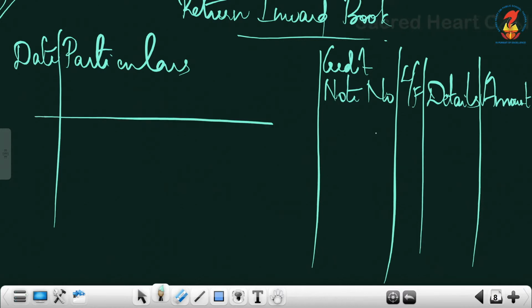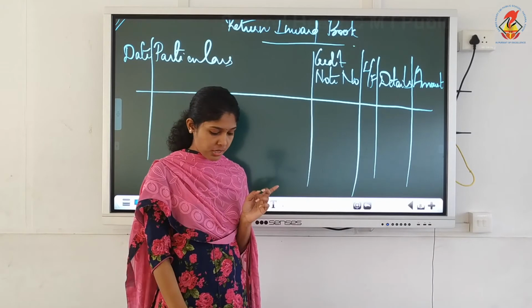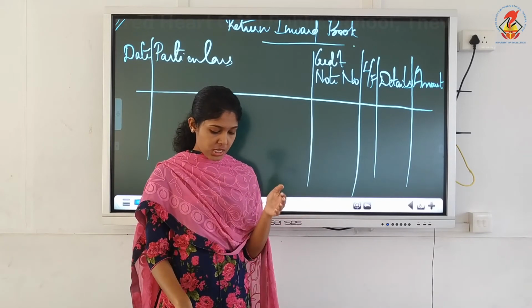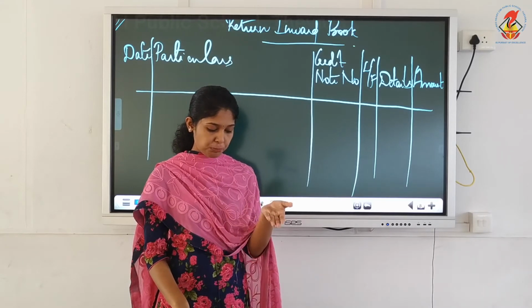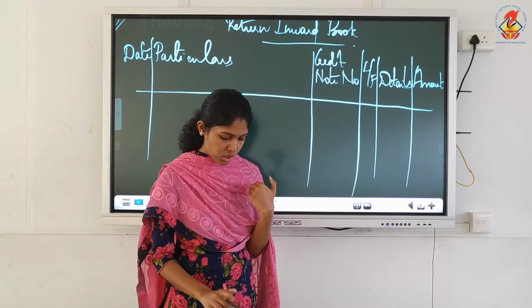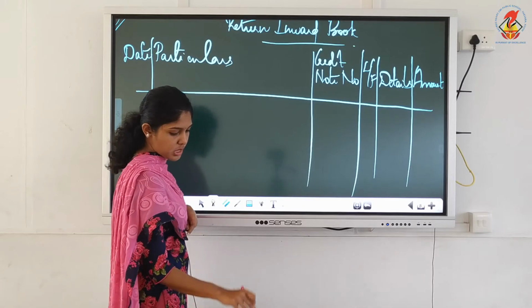So these are the column headings. Now the first transaction which will come under returns inward, that you have to choose very carefully. So Mathur Brothers New Delhi returned. That means it is coming into the business now, it is returns inward book. 5 pairs of shoes at the rate of 2000 per pair.